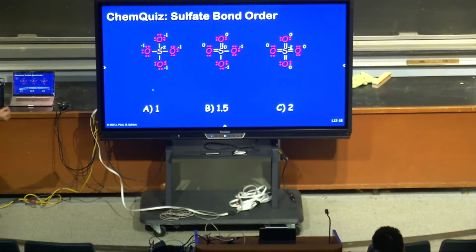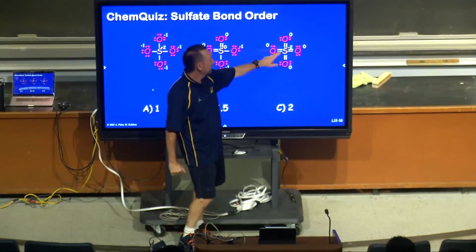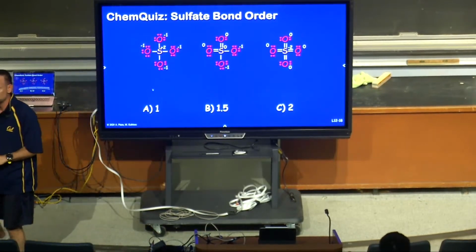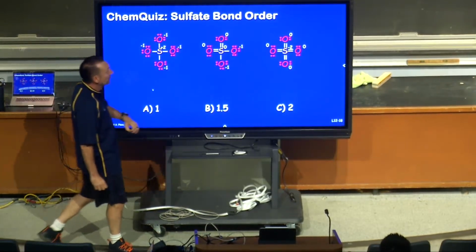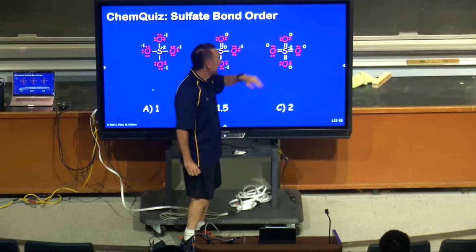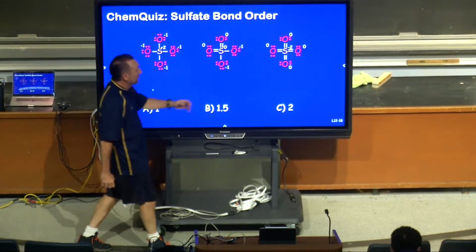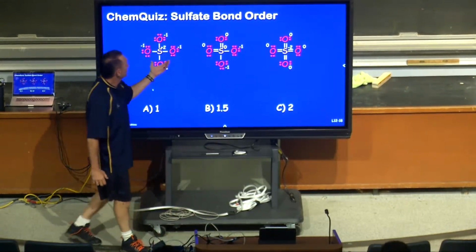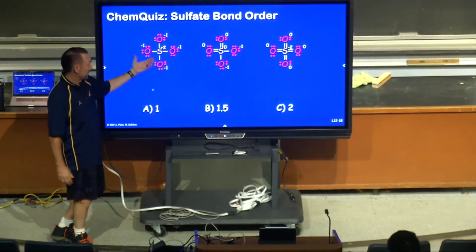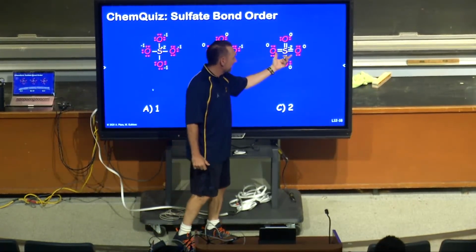Principal quantum level 3 brings d orbitals, d electrons can be involved, and sulfur has a greater capacity to bond because it has more available valence electrons in d, or potential for having that in the d orbitals. So you can't eliminate these just by octets. The octets are satisfied, and we know sulfur can expand its octet.